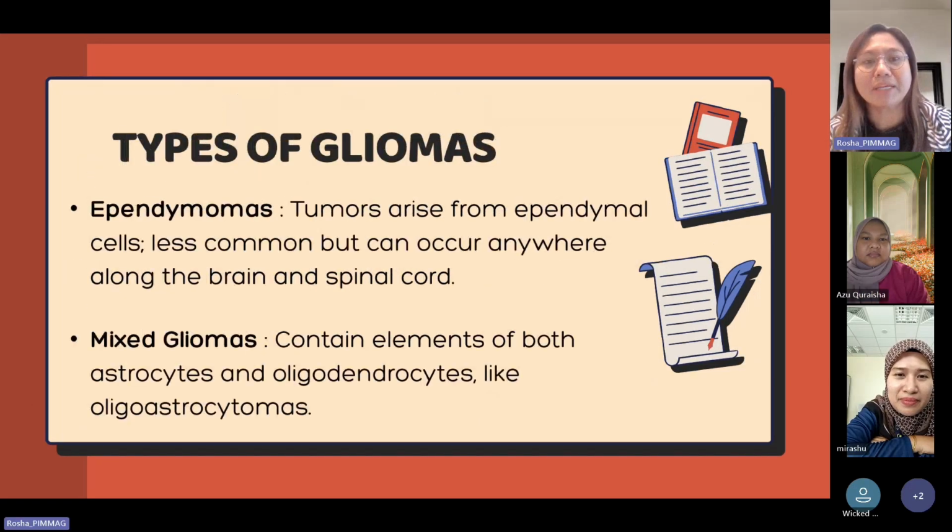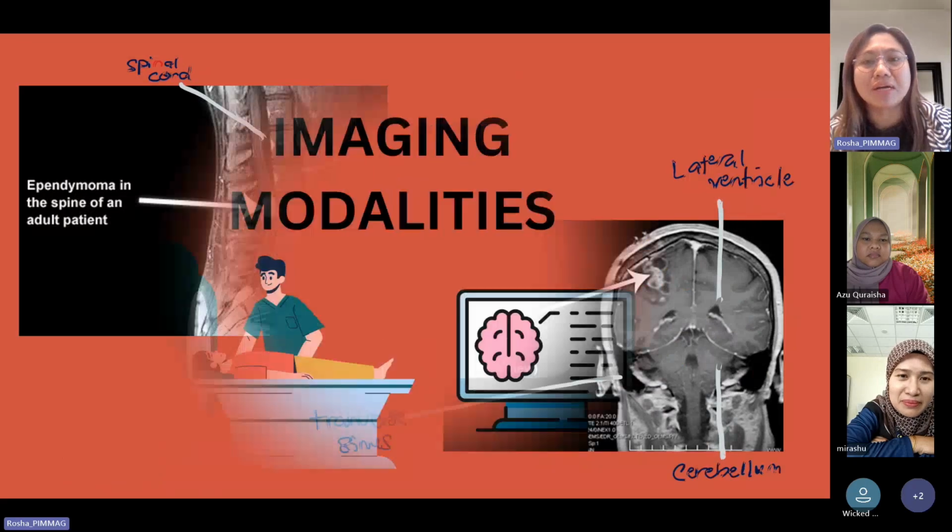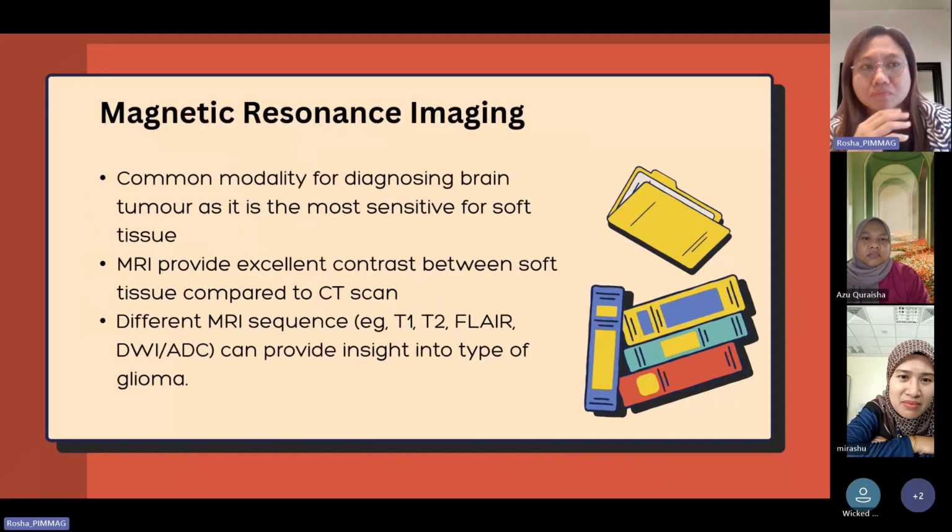What are the treatment options for gliomas? For the treatment of gliomas, it depends on factors like the tumor type, the location of the tumor, and also the grade. One of the treatments is surgery. Once you are diagnosed with the glioma, you proceed with the surgery after all the process to detect.